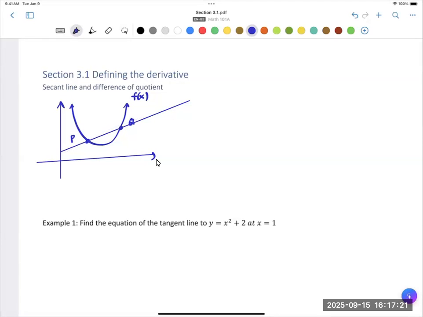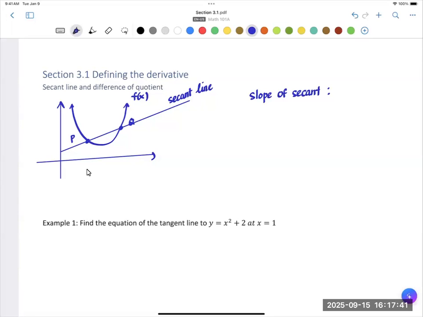This line is called the secant line. The slope of the secant line can be found by using the difference quotient formula.